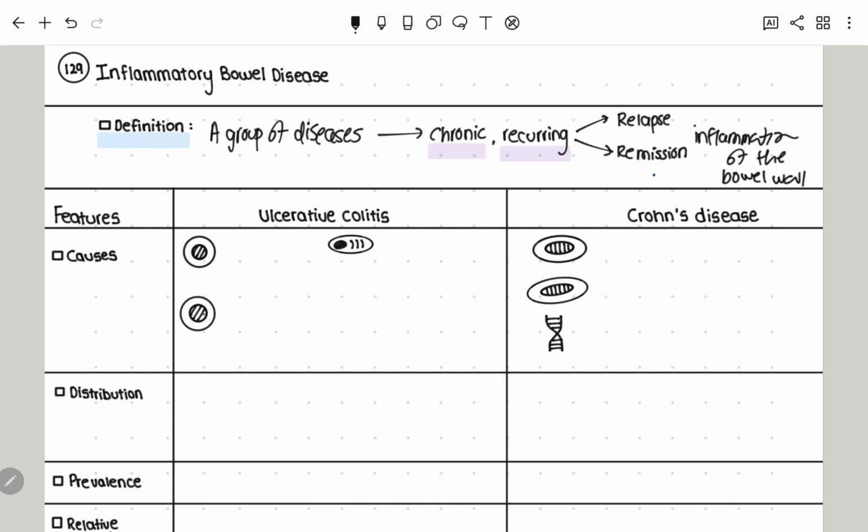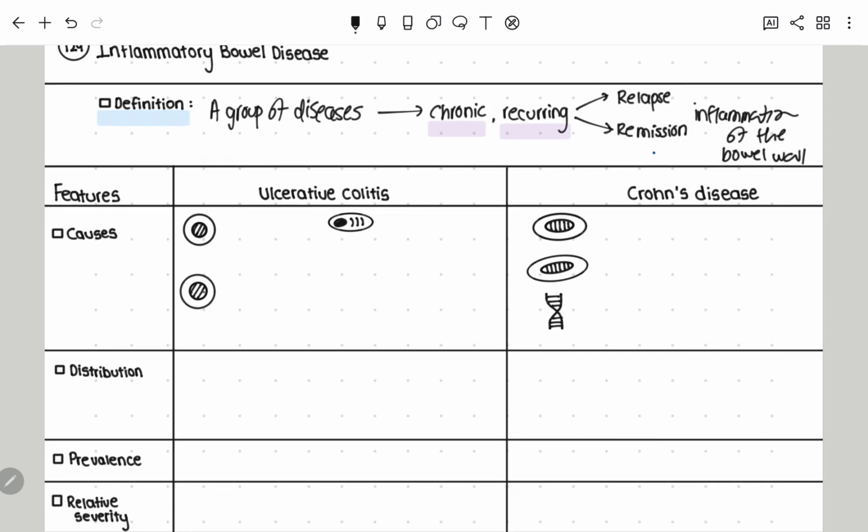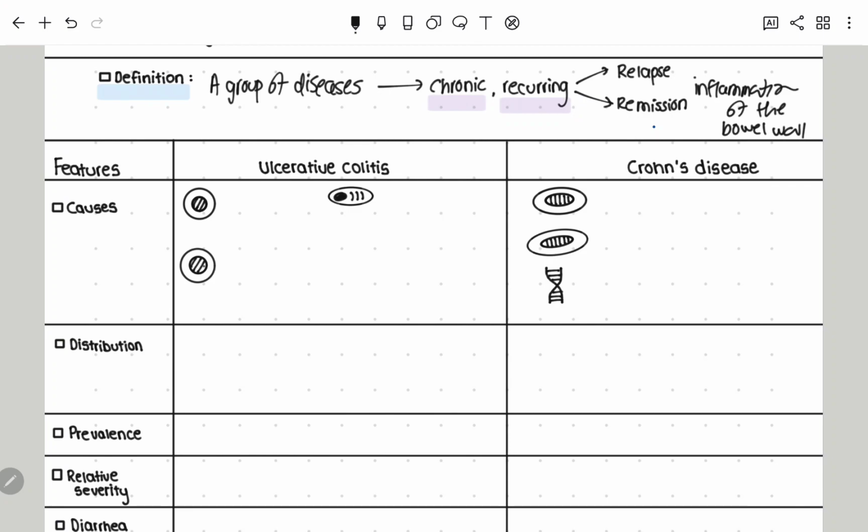And the two most common diseases that fall under inflammatory bowel disease are Crohn's disease and ulcerative colitis. We're going to do a simultaneous rundown on some of the differences in some of the important features prevalent to both of these diseases. What you need to know before we really get into it as far as etiology goes is that both of these are idiopathic in nature, but they have been attributed to an autoimmune process.